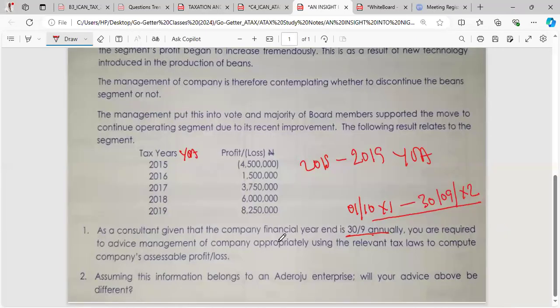Now, the question is saying in part 2, assume this information belongs to Aderoju Enterprises. Will your advice be different? Okay, so first of all, what is the advice? As a consultant, you are required to compute the accessible profit.